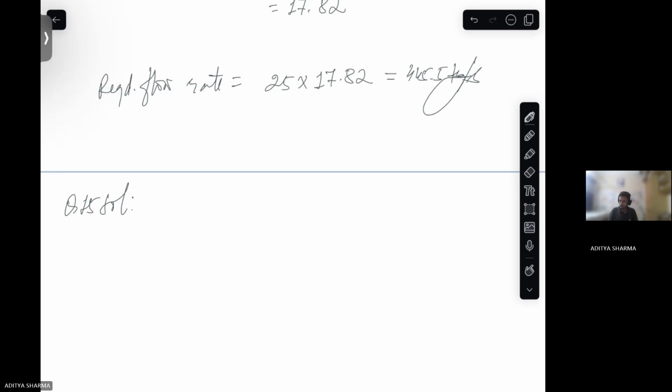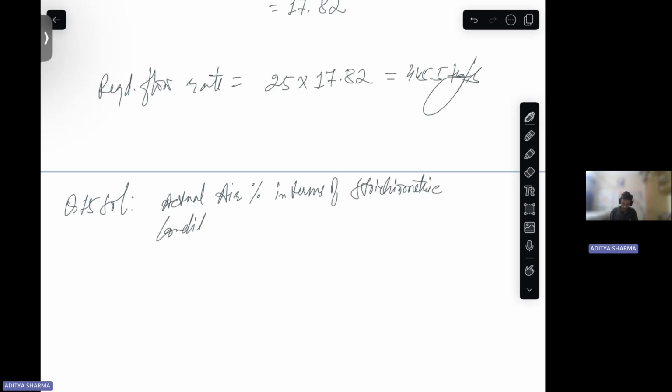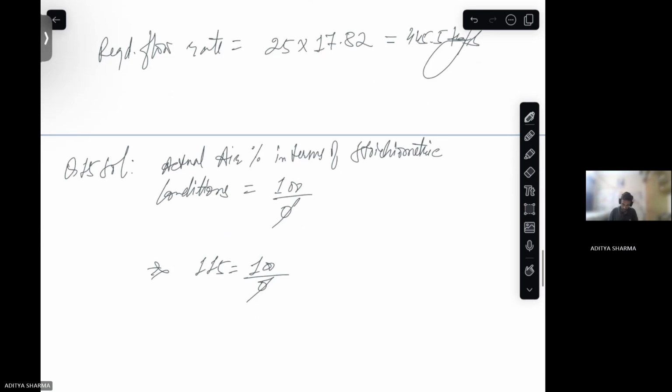So your actual air, in percentage in terms of stoichiometric conditions, is 115%, which implies the equivalence ratio is 100 by 115.